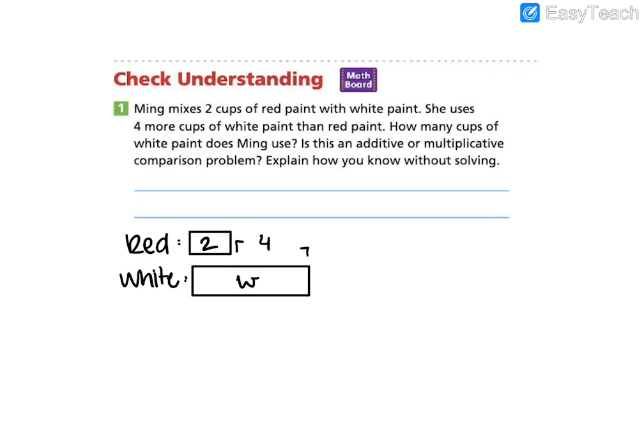So in order to find the amount of white paint, what would we have to do? We would have to add those 4 cups to the 2 cups. So is this additive or multiplicative? This is an additive comparison problem.